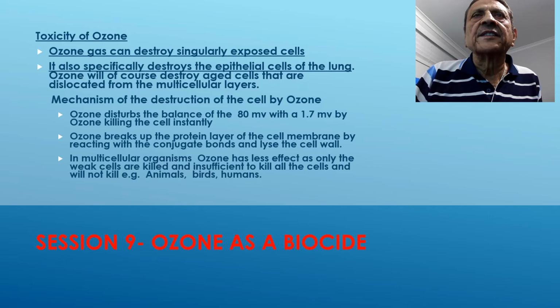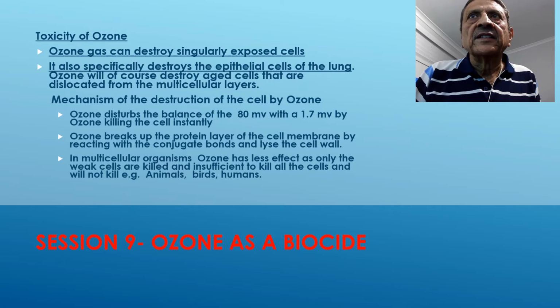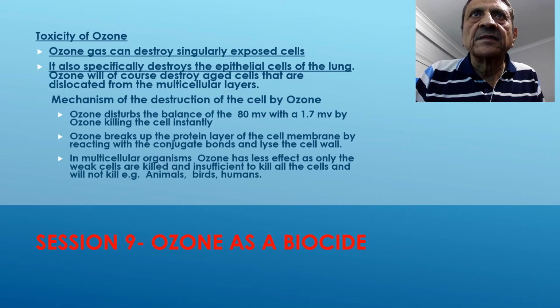That is the current voltage, and the ozone has got 1.7 volts, that is 1700 millivolts, and therefore such a high voltage will immediately create some sort of electrical shock to the membrane and disturbs the balance, and the cell dies because it can't continue with the sodium pump.